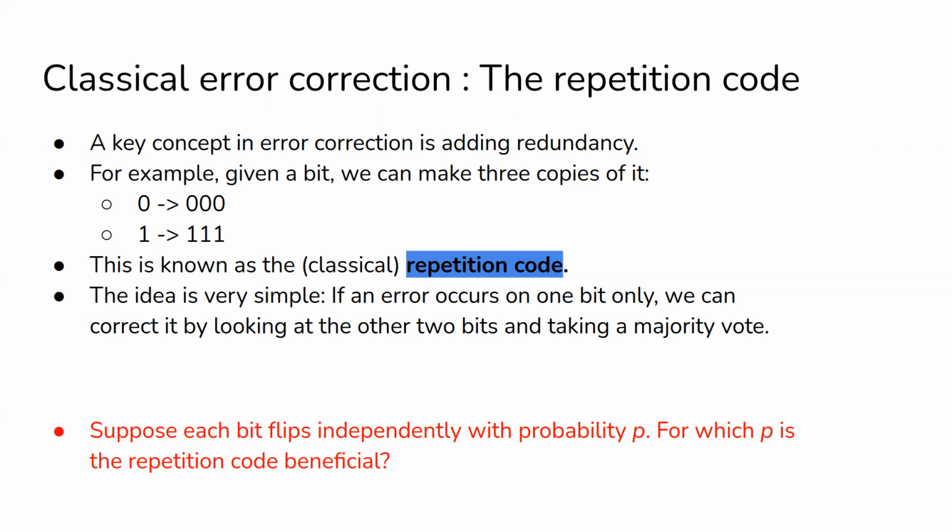For what probability p is it beneficial to use the repetition code? p is a number between 0 and 1, a probability. We want to know when, or if at all, it's better to use this, for what values of p. Take a minute to think about this and discuss with your neighbor.